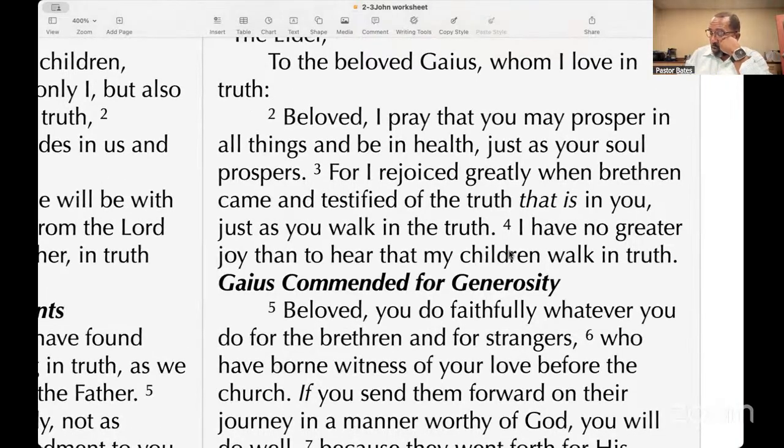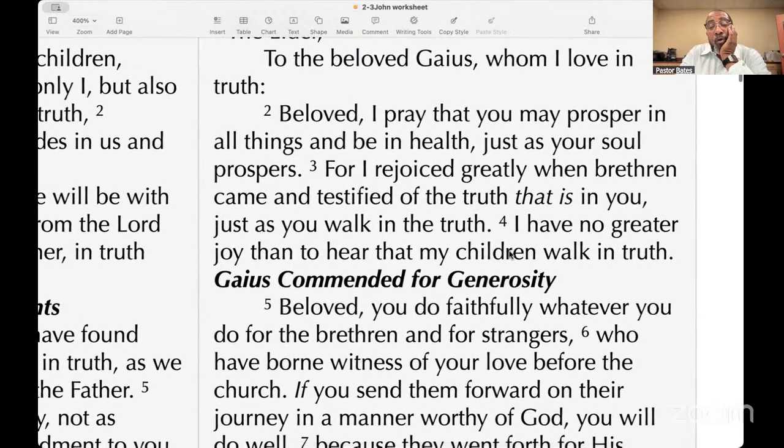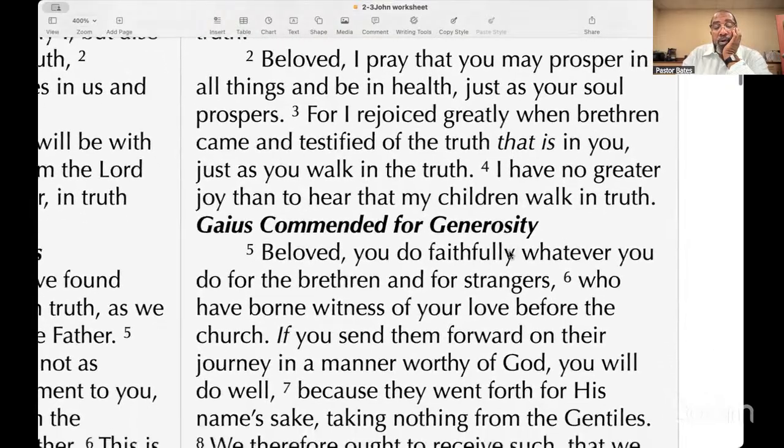Walk. All right, so let's look over in 3 John. When's the first time we see the word walk? Verse 3, and then verse 4.